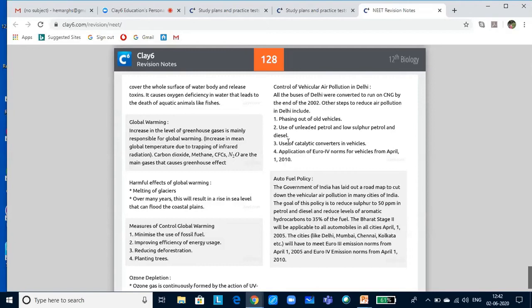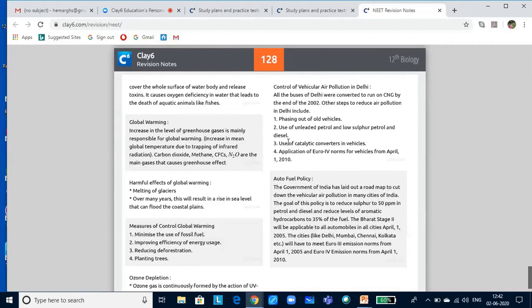The next term you have to know about is the greenhouse effect and global warming. The greenhouse effect is a naturally occurring phenomenon. You should realize that the greenhouse effect is not actually an outcome of pollution, but it is a natural phenomenon that is responsible for heating of Earth's surface and atmosphere. Without the greenhouse effect, the average temperature of the Earth's surface would have gone to minus 18 degrees Celsius, rather than the present average of 15 degrees Celsius.